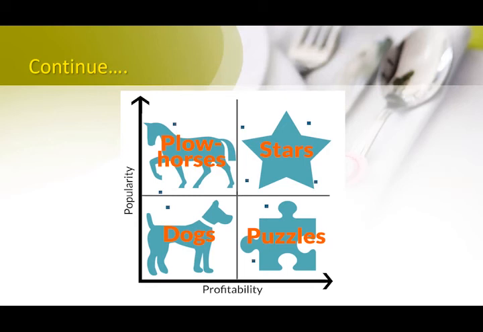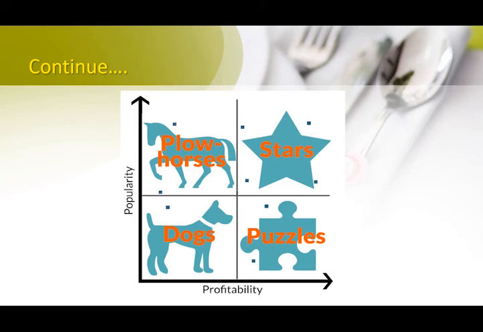So this is the concept of menu engineering or menu metrics that has stars, plow horses, dogs, puzzles in it. This menu engineering matrix helps us to identify the products which are stars in the menu, the products which are plow horses, the products which are dogs, and the products which are puzzles.